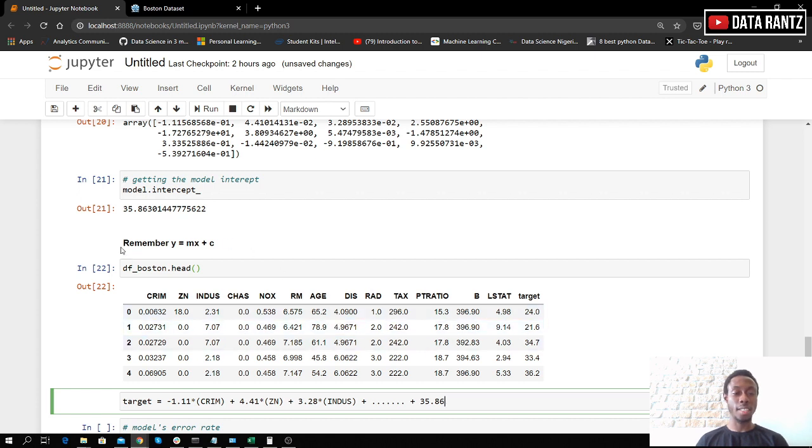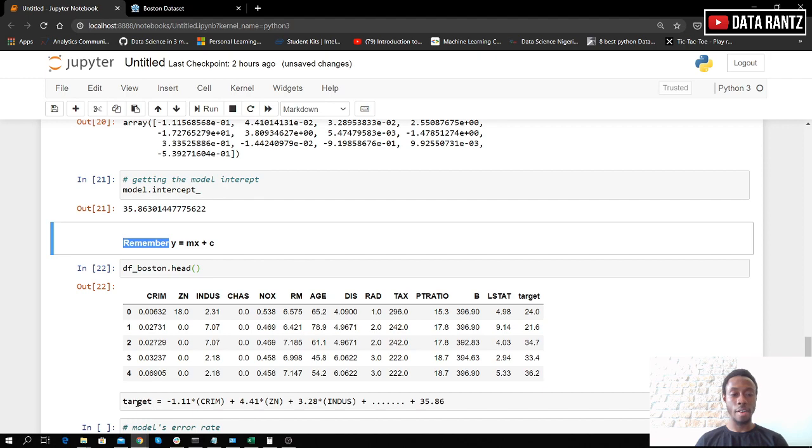So basically you can see this formula is being played out here right now.